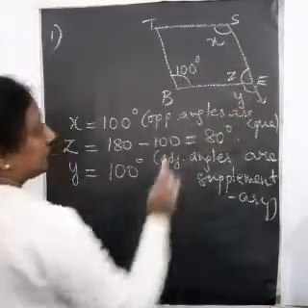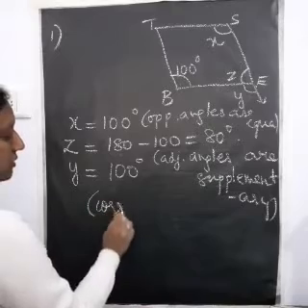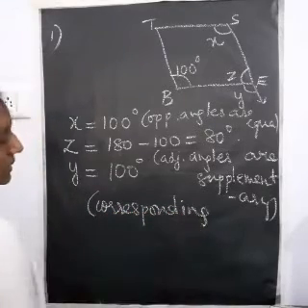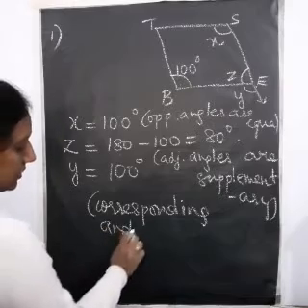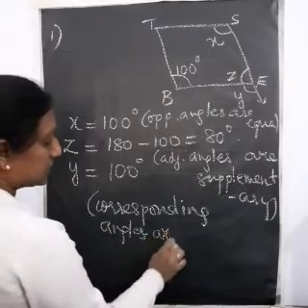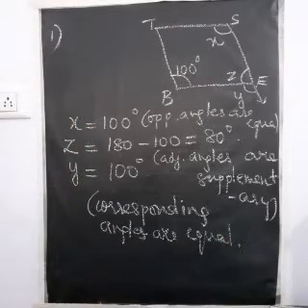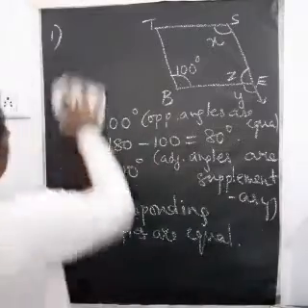Corresponding angles are equal. If you use corresponding angles, then X and Y will be the same. Did you understand this sum? Now let us do one more sum.